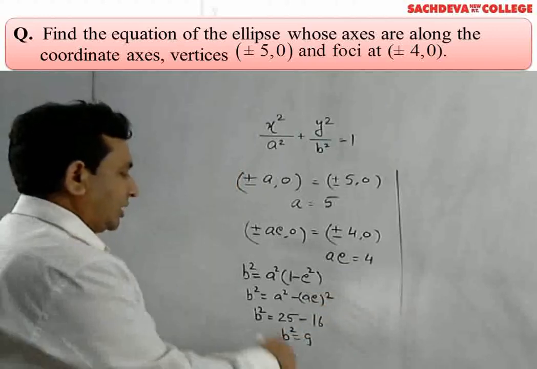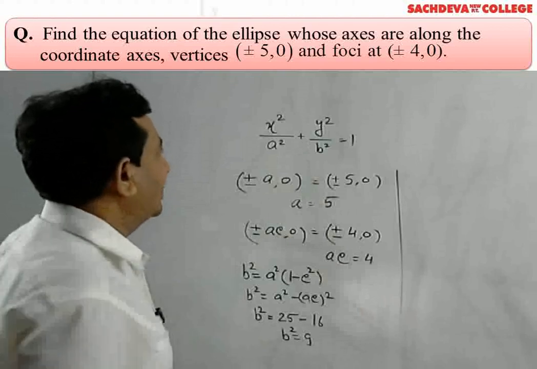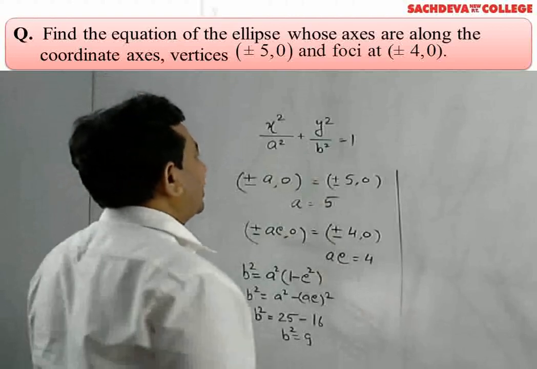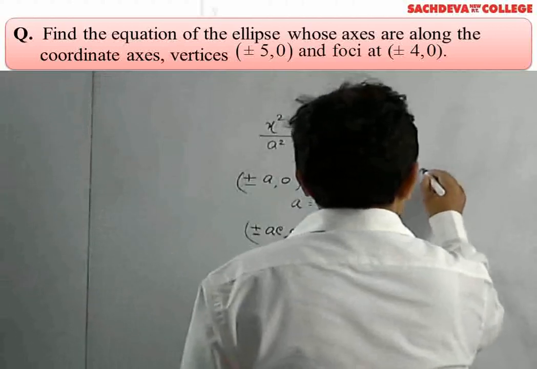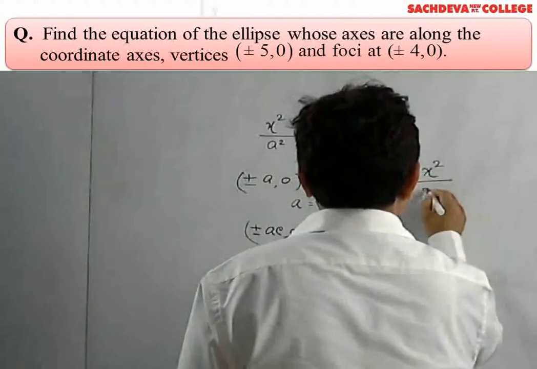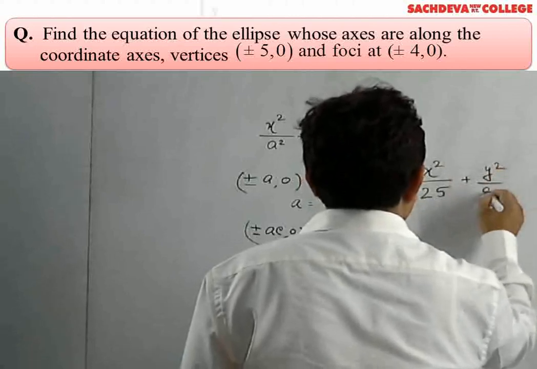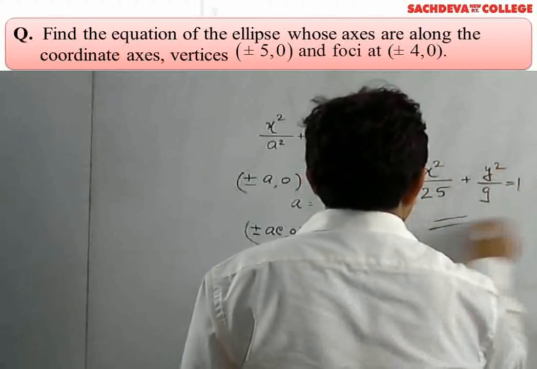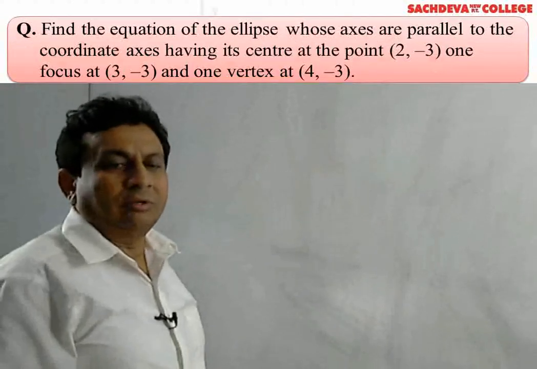So b square is 9 here. Now on putting the value of a square and b square in given equation x square upon a square plus y square upon b square equal to 1, then we find x square upon 25 plus y square upon 9 is equal to 1 is required equation of ellipse. Now we solve next problem.